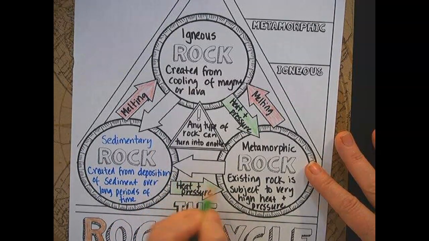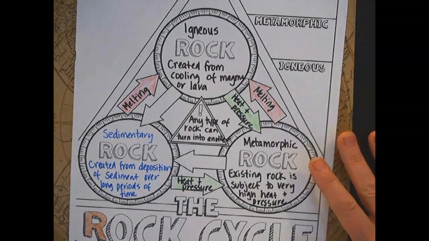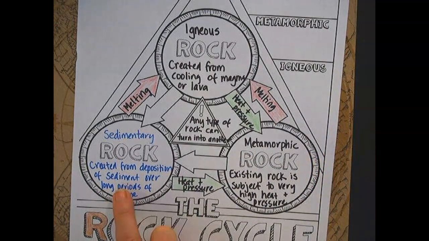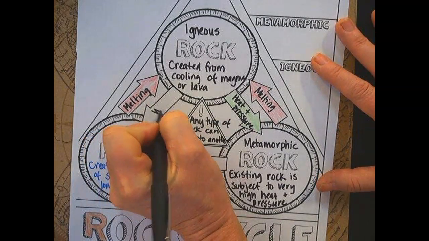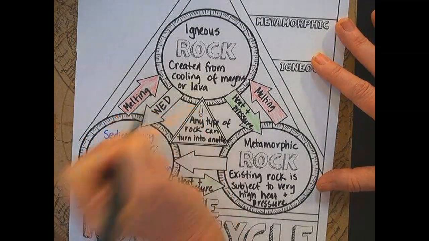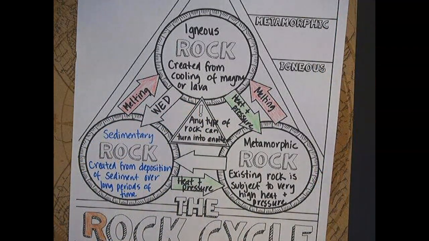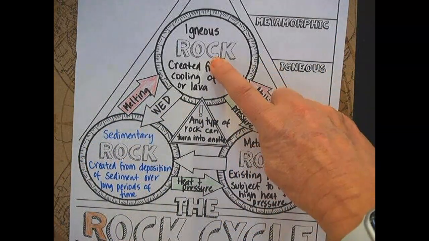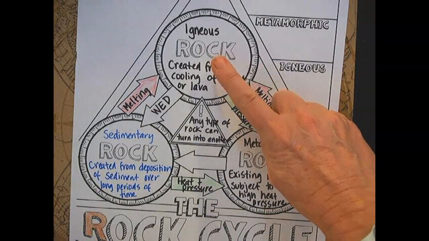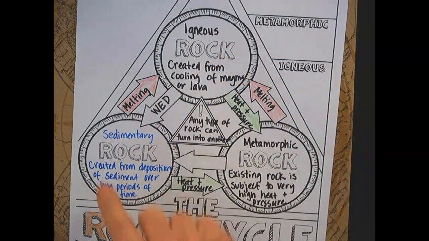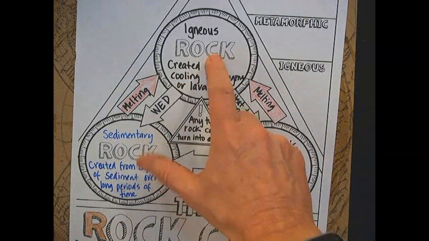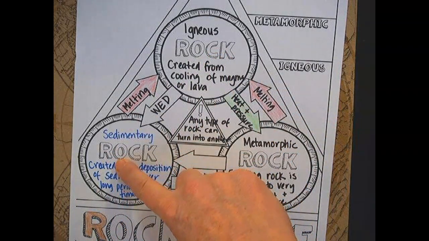Now, if sedimentary rock is created from sediment, well, we've learned that sediments are formed from weathering, erosion, and deposition. So I'm going to use our WED acronym that we've been talking about. Any type of igneous rock, as long as it's weathered, eroded, and deposited, that forms sediments, and so I can change this type of rock into a sedimentary rock.